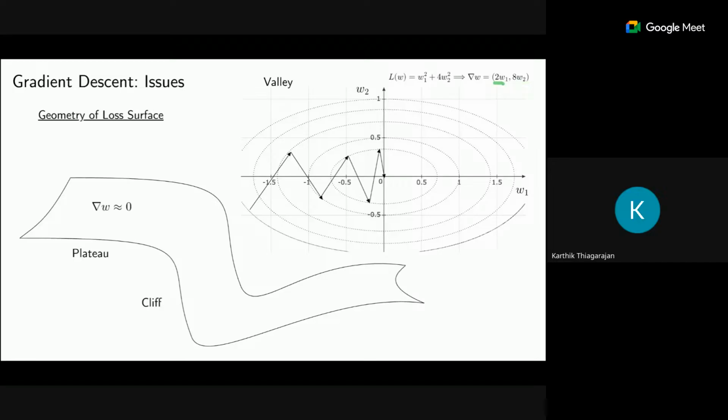If you maybe start at, say, -1, then the negative gradient will be 2, 8. You move 2 units along this direction, but you move 8 units along this direction.